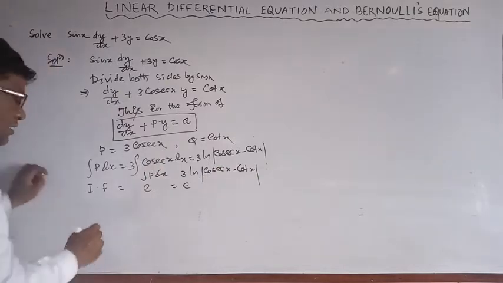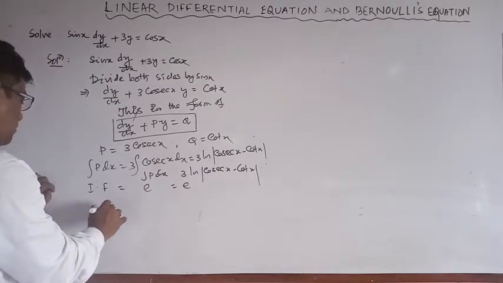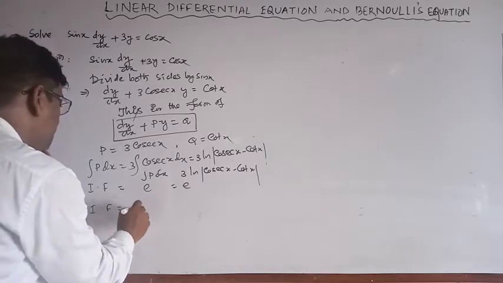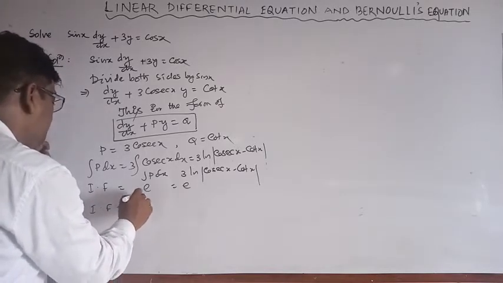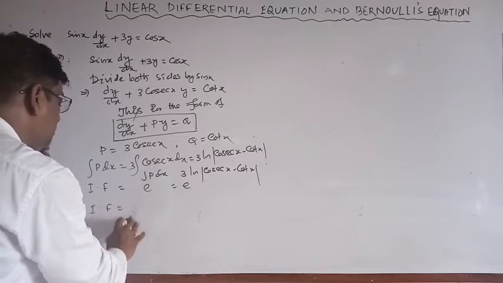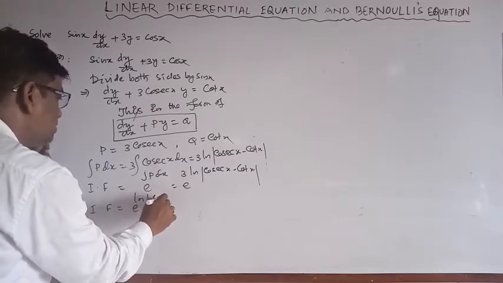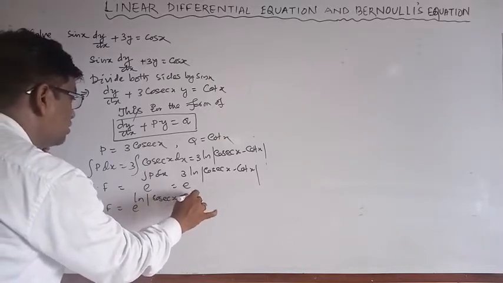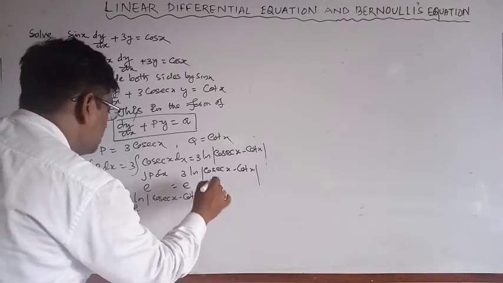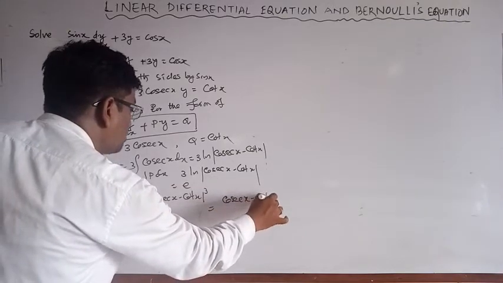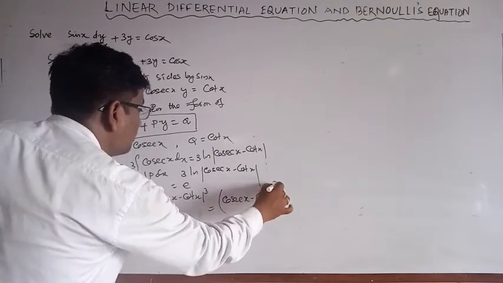So we can write IF is equal to e to the power log of cosec x minus cot x, whole to the power 3. So this is equal to cosec x minus cot x whole to the power 3.